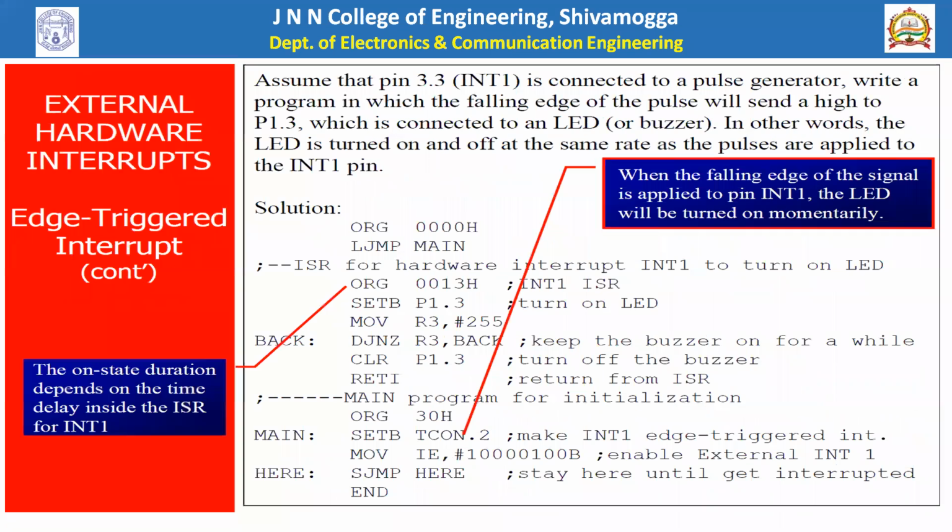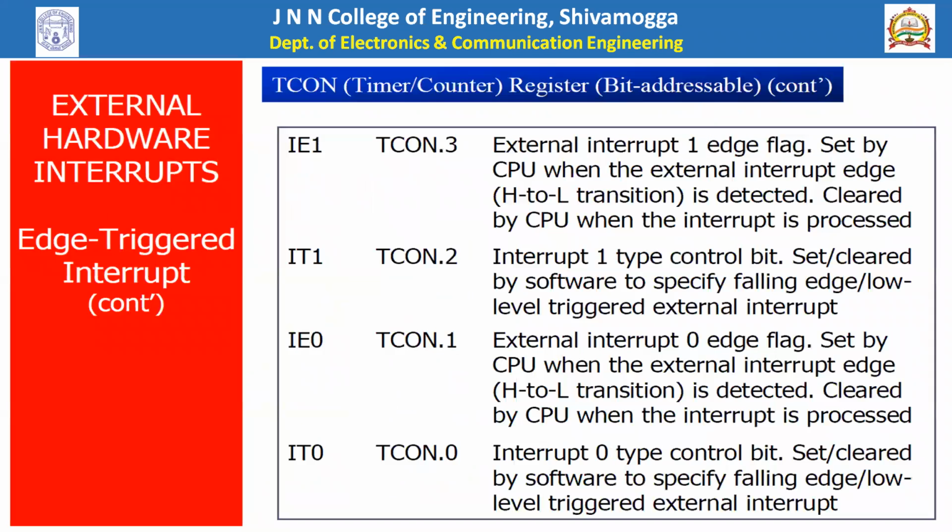You can see here TCON.1 and TCON.3. TCON.1 is the external interrupt 0 edge flag. TCON.3 is the external interrupt 1 edge flag. It is set by the CPU.